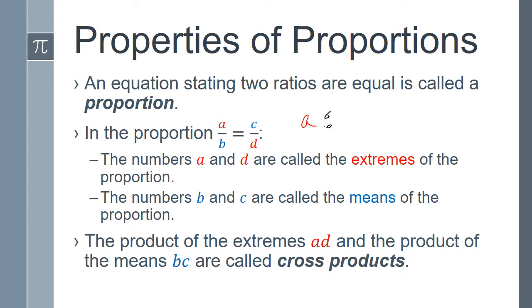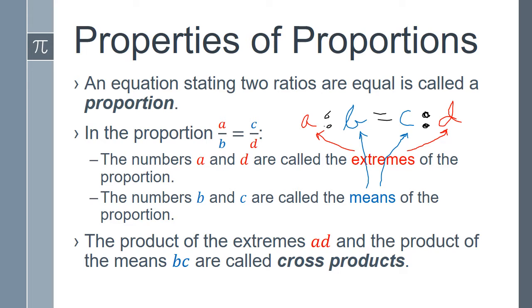A to B equals C to D. So the extremes are out here, the means are in here. So that's another way of remembering it. When you write it in that format, the means are on the inside, and the extremes are on the outside.